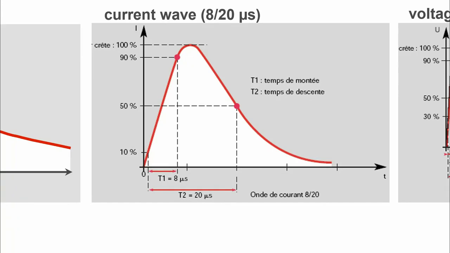The first time period T1 is 8 microseconds. It is the time needed for the wave to reach 90% of its capacity. And T2, the second value, is the time required for the wave to descend down to 50% of its original value.